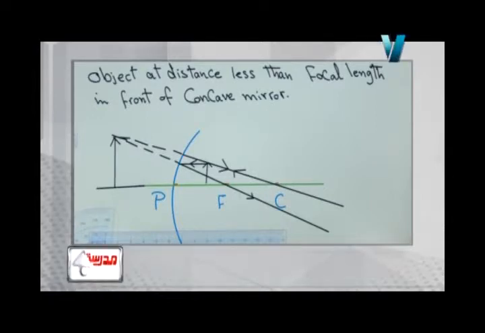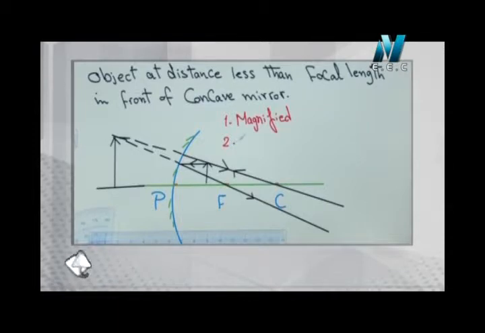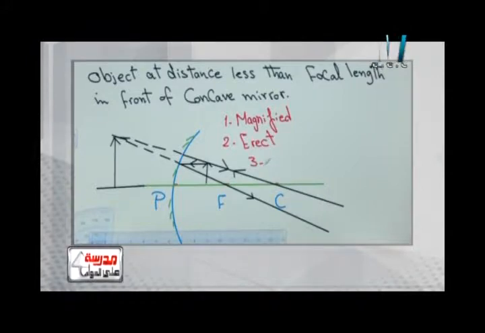In this case, what is the image? Of course, we have the back of the mirror. The image is number 1 magnified. Number 2 erect, meaning upright. Someone might say they want to write upright as they like, but I must know both erect and upright. Number 3: we said magnified, erect, and number 3 will be virtual.